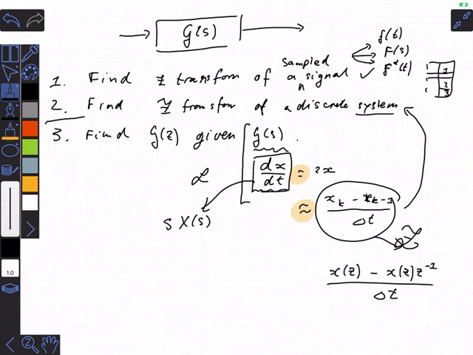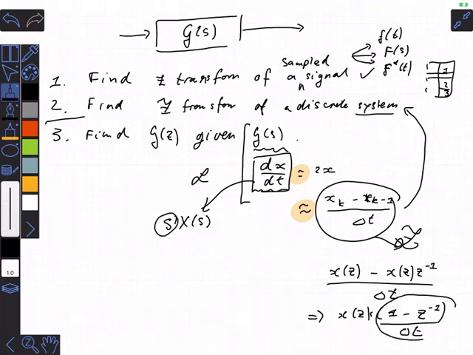And if I do this, I can rewrite that and extract x of z, and I get (1 minus z to the minus 1) over delta t. And this thing and this thing are in equivalent positions relative to that signal.